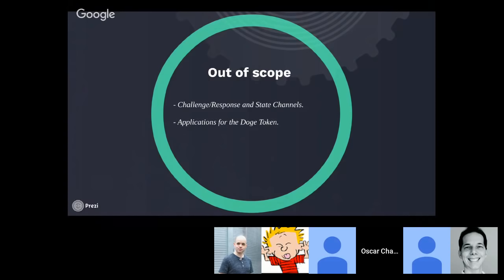We would like to see if the state channel concept could help improve challenge response mechanisms and protocols. That's something we might investigate in the future, or we would like to hear if there is already research in that area.